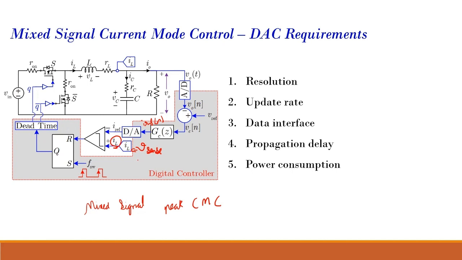Because the actual inductor current is not available to me. I don't know that inductor current is flowing through my inductor. How will I know that? So for that, I have to convert it into some equivalent voltage proportional to my inductor current. I need to know those gains, because it is like a feedback gain, and that I will use in my circuit.